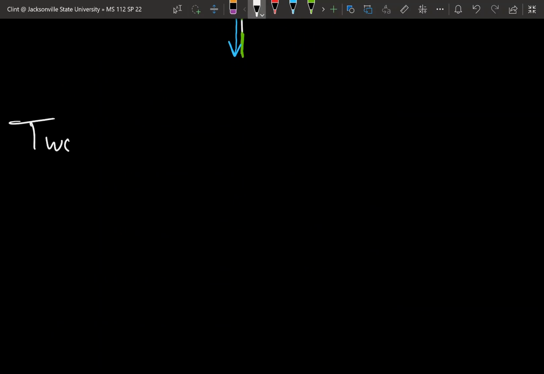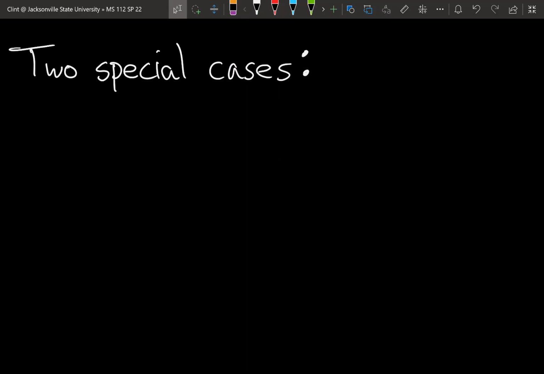With logarithms, usually we write log and then a little subscript of the base. But we've got two special cases where we don't have to write the base down. One of those is if we were going to write log base 10.